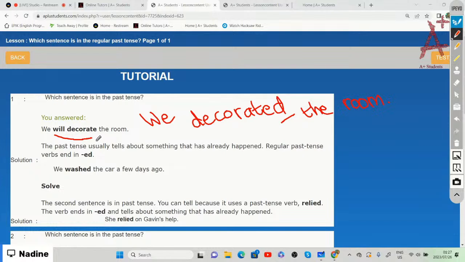And since the verb already ends with an E, instead of adding ed, we only added the D to that verb to make it into the past tense. So not will decorate, because will means that we are showing the future tense. In this case, we are focusing on regular past tense. So instead of will decorate, we say decorated the room.